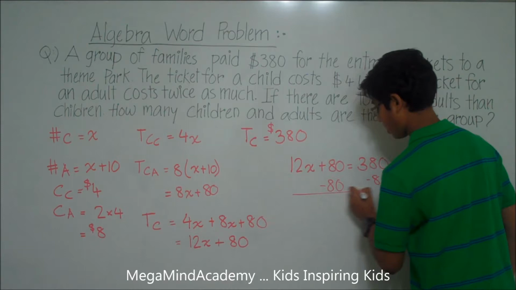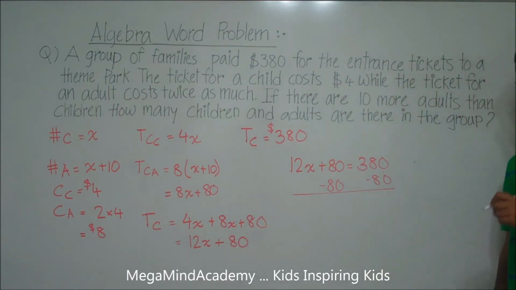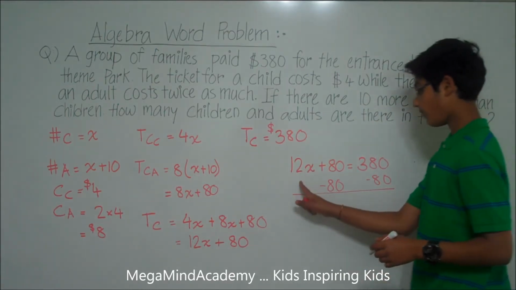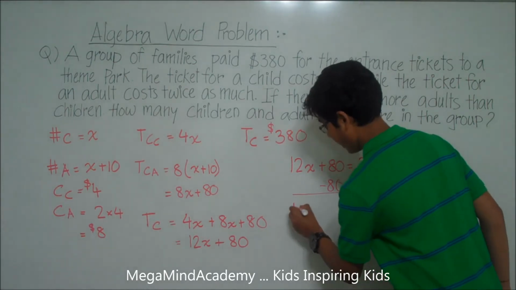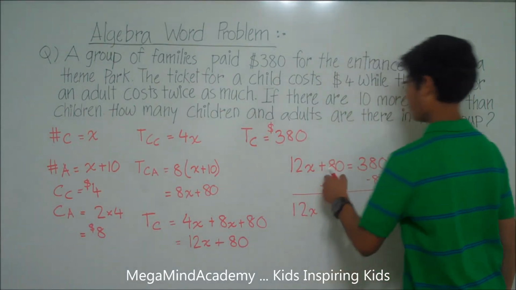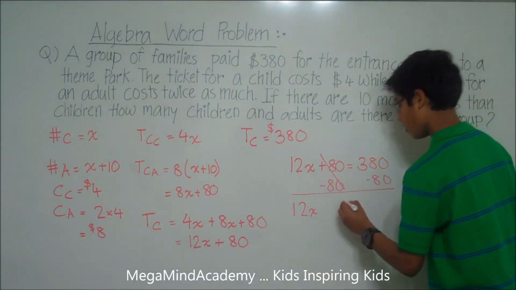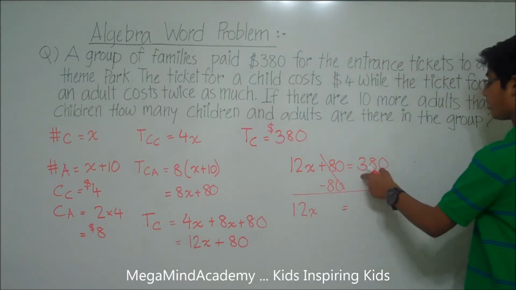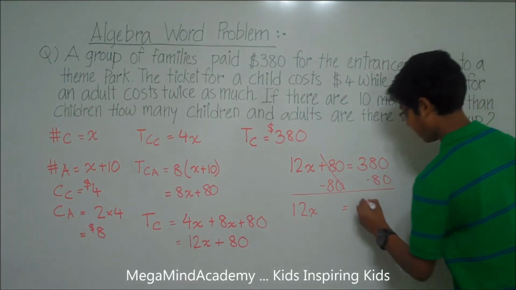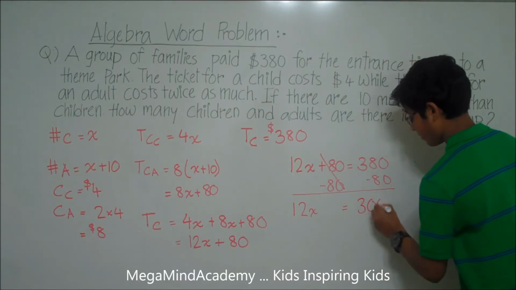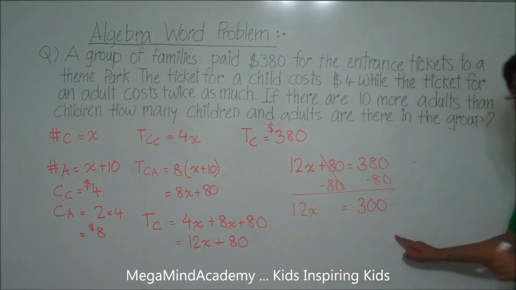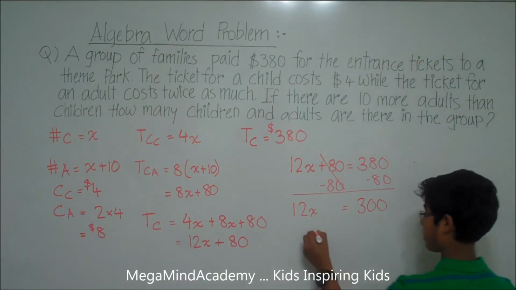So 12x minus 0 is 12x. Plus 80 minus 80 cancels out. This is equal to 380 minus 80, which is 300. So 12x is equal to 300. So x is equal to 25.